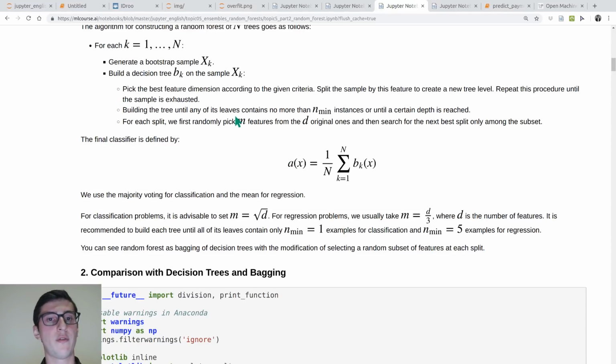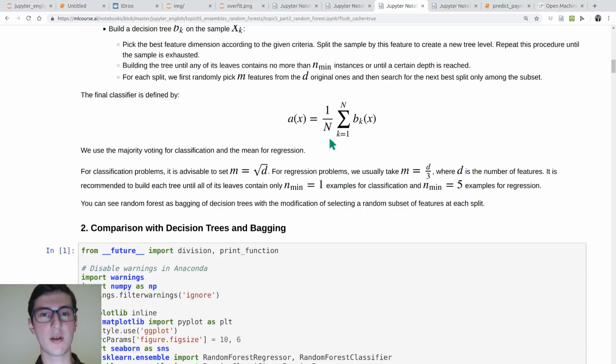And so among these m features, we'll have the best split at every iteration. So for every decision tree and every split, we'll just take m random features. And then the final classifier will be just an average. So we'll average the predictions of all these n decision trees.